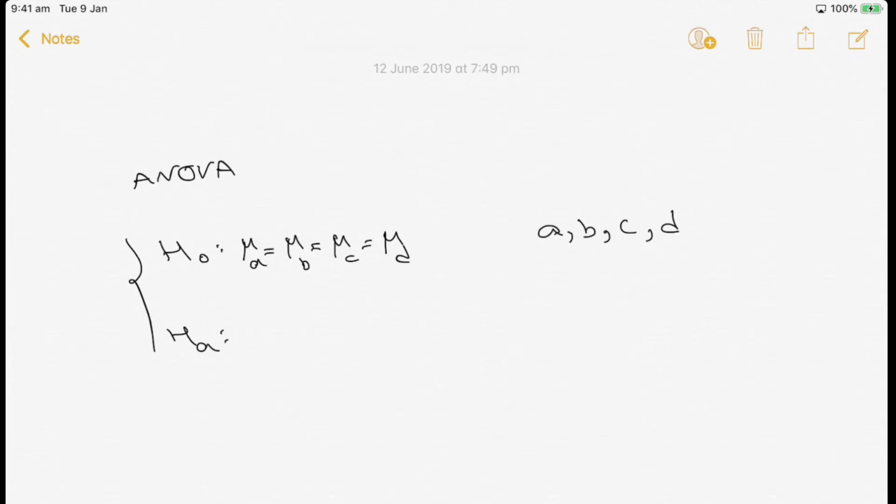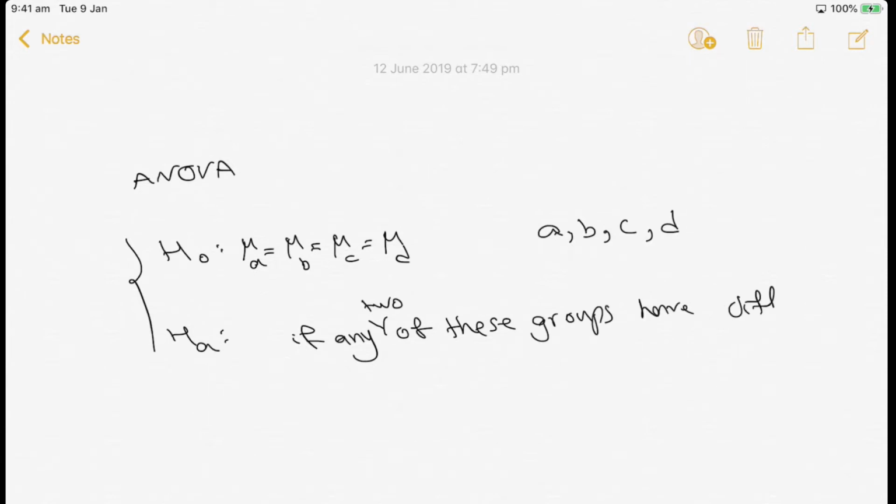We can write it either verbally or mathematically. Let's write it first verbally, and then I will explain it. So verbally, that would be: any two of these groups have different means. Okay, that's what we need to write.